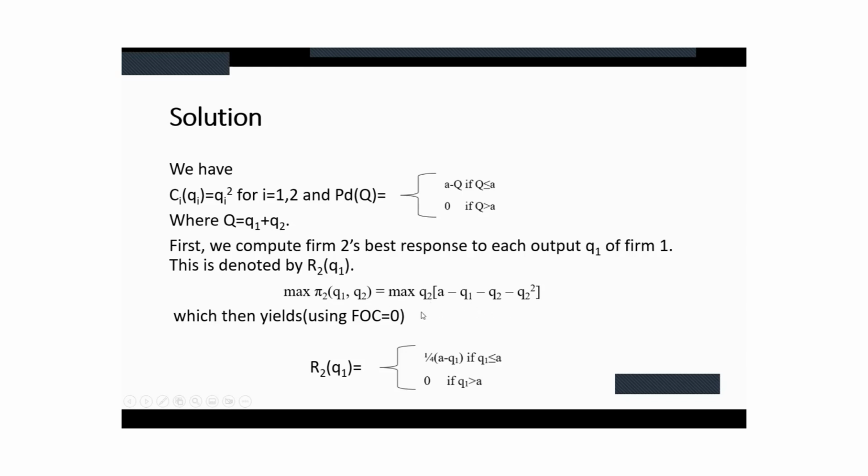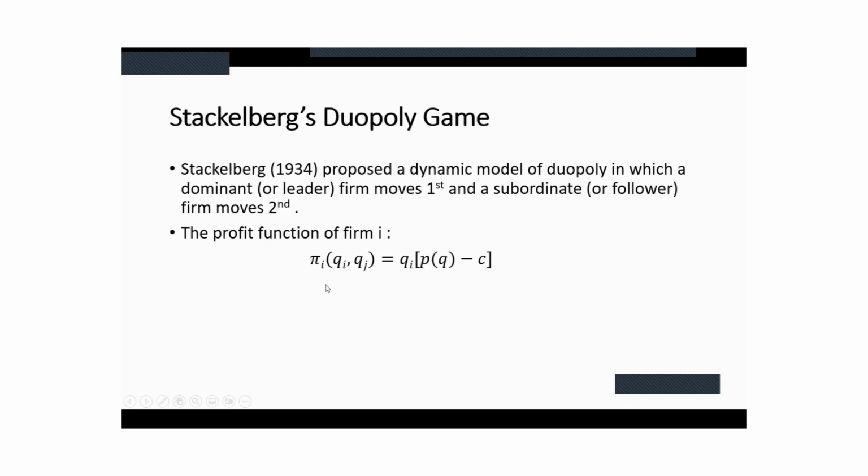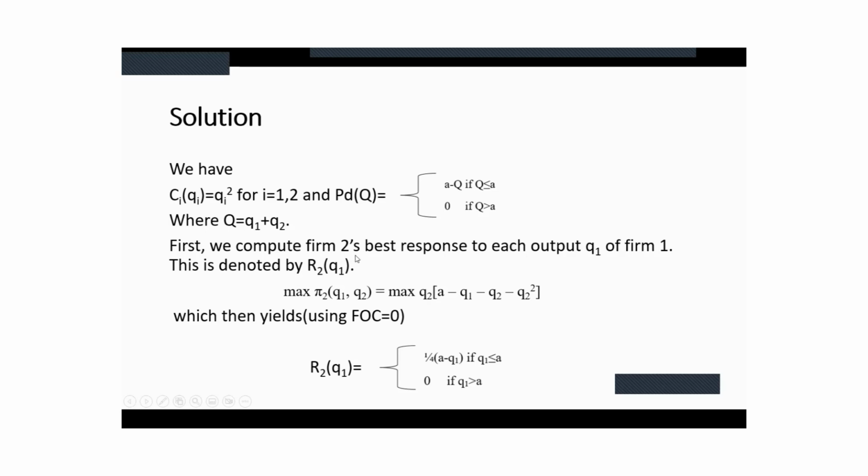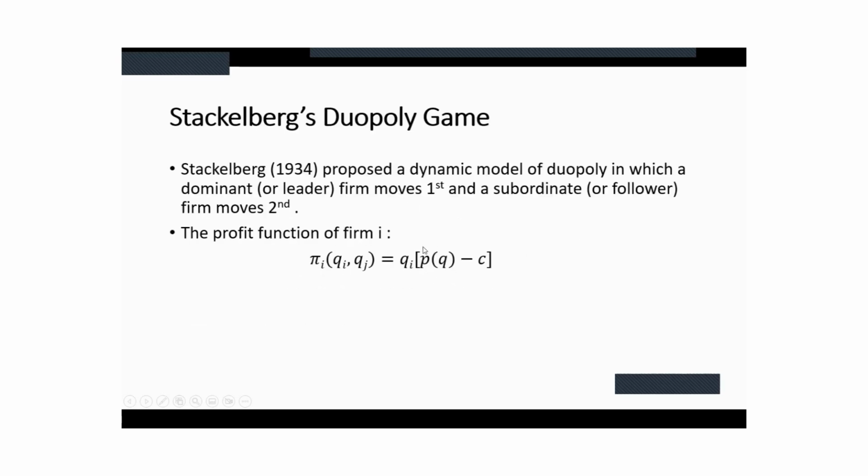This function came from the original function qi, and in i's place we put 2 because it is firm 2's best response. The a minus q1 minus q2 came from this equation, p equals a minus q, which we know from here.